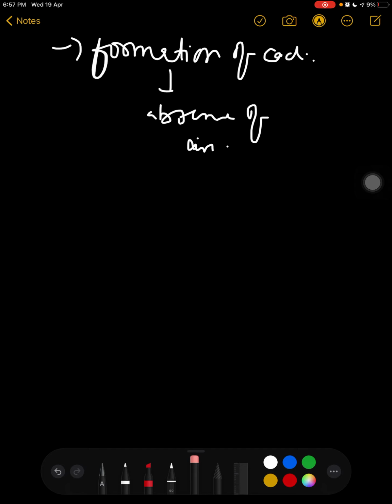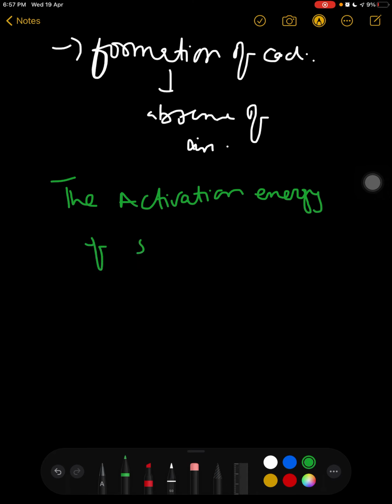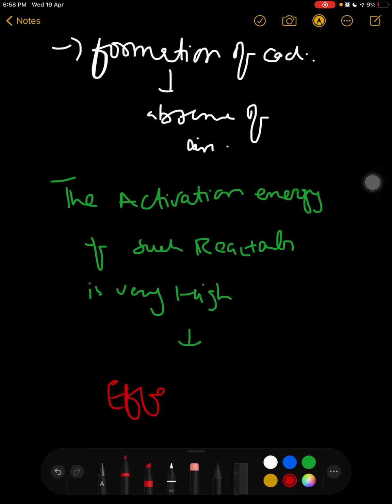They are slow because the activation energy of such reactants is very high, so effective collision is very slow. That's why they are slow reactions.